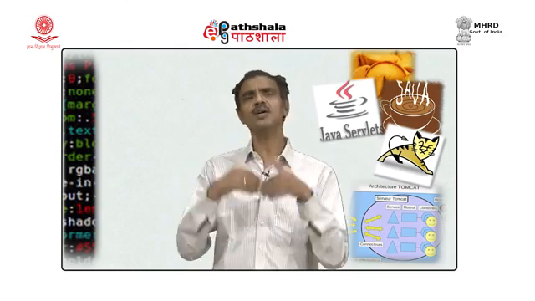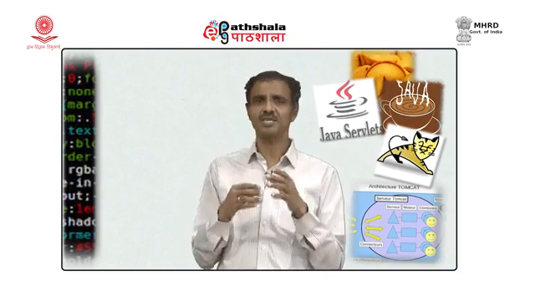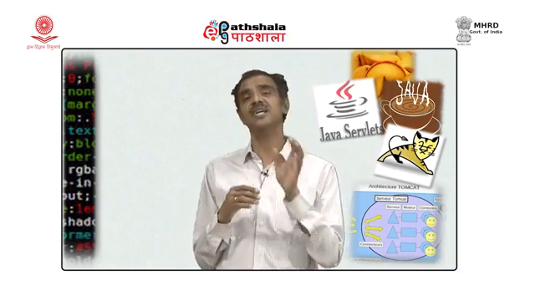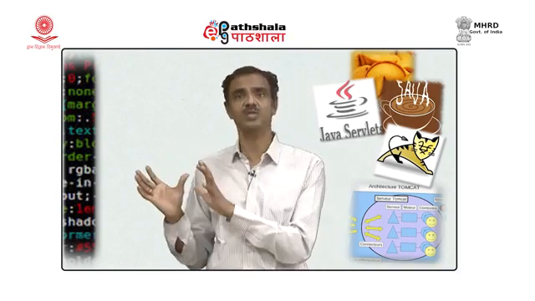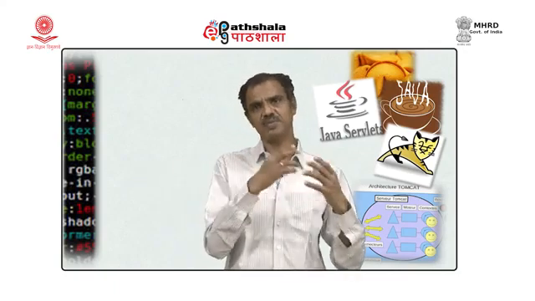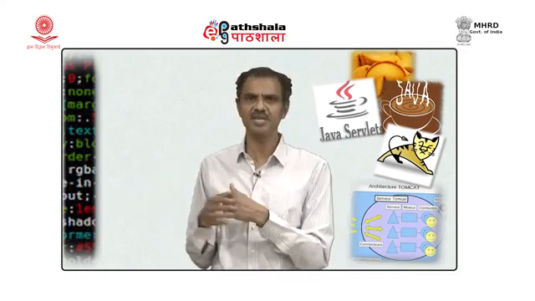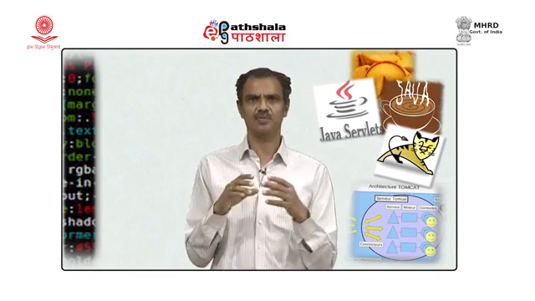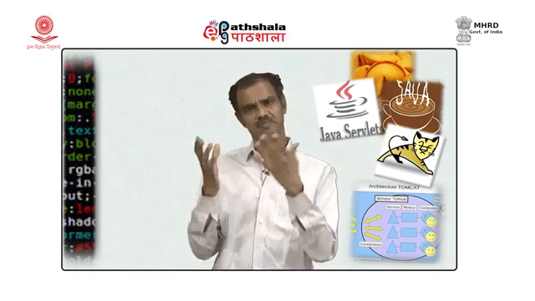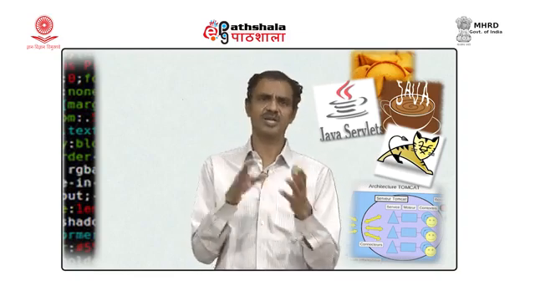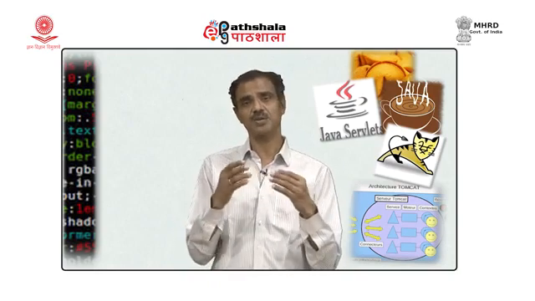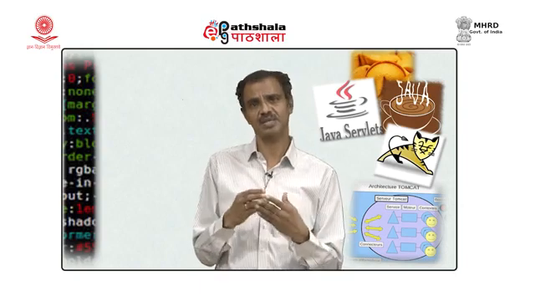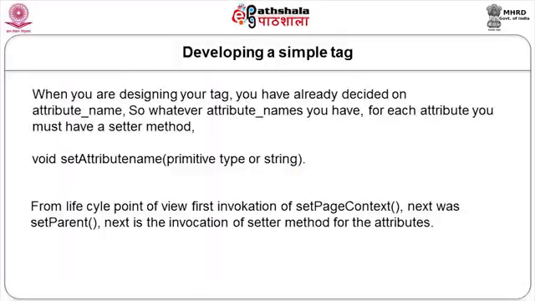So, if you are allowing an attribute called format, your tag class must have a method called set format. The parameter to this in this case should be a string. What is allowed here is an implicit conversion from string to the primitive types available to us. Therefore, when you define setter methods, the idea is to have setter methods for all the attributes.